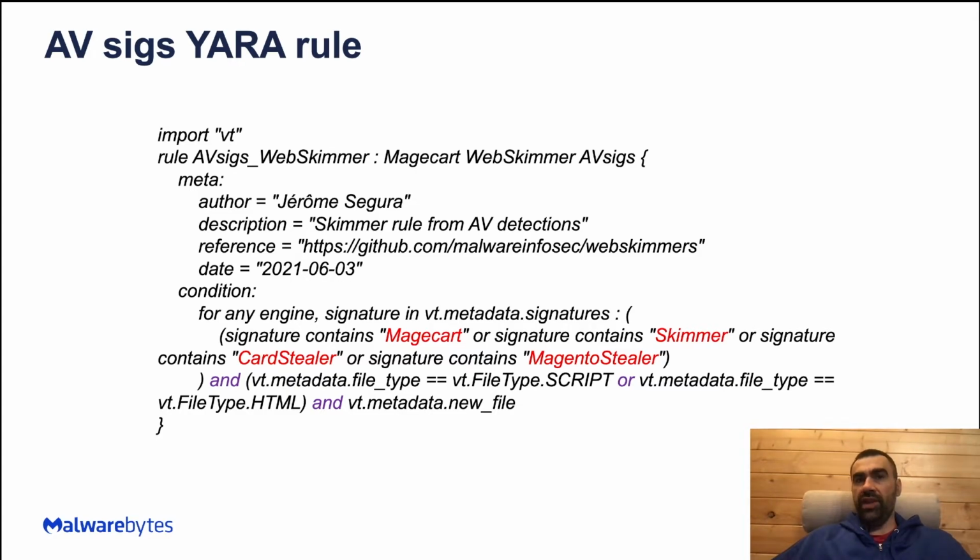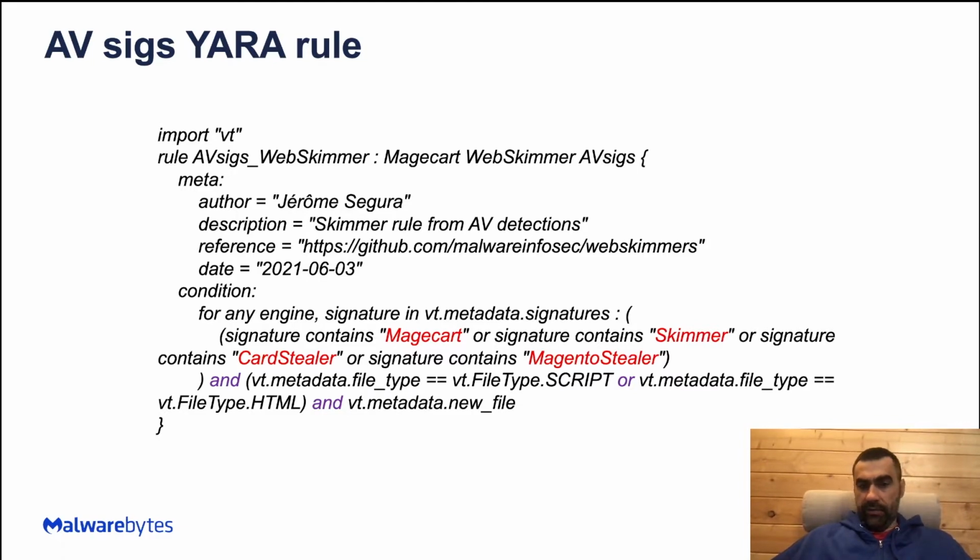So you're going to get notifications every time someone uploads a file, HTML source code or JavaScript, that is being picked up by an antivirus product. Like I mentioned earlier, we're looking at the names by which antivirus products detect such things.